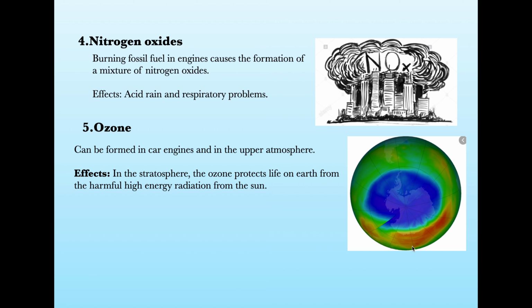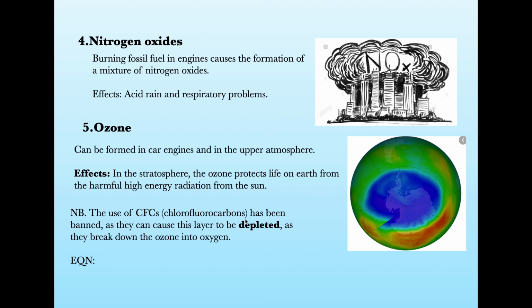Now that hole was caused by the widespread use of CFCs, chlorofluorocarbons. They were banned, I think, in the 1980s, and so slowly this hole is being fixed. But the CFCs destroyed the ozone in the stratosphere, causing more high energy radiation to get to the Earth's surface.